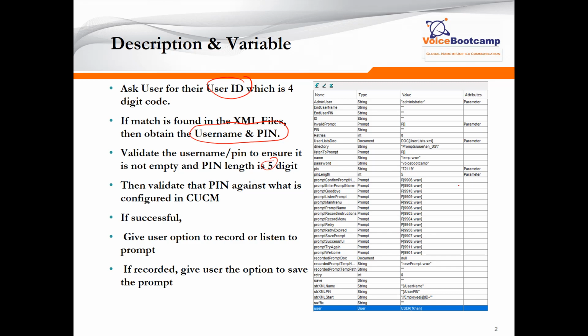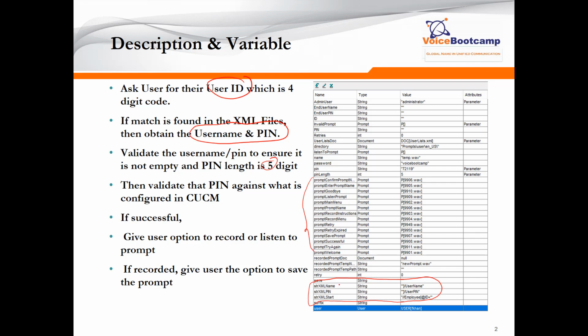Now, this is my variable list for this particular application. There are various prompts that I have created for various functionalities. The most important variables for you to pay attention to are: str XML file name, str XML name, str XML pin, str XML start.